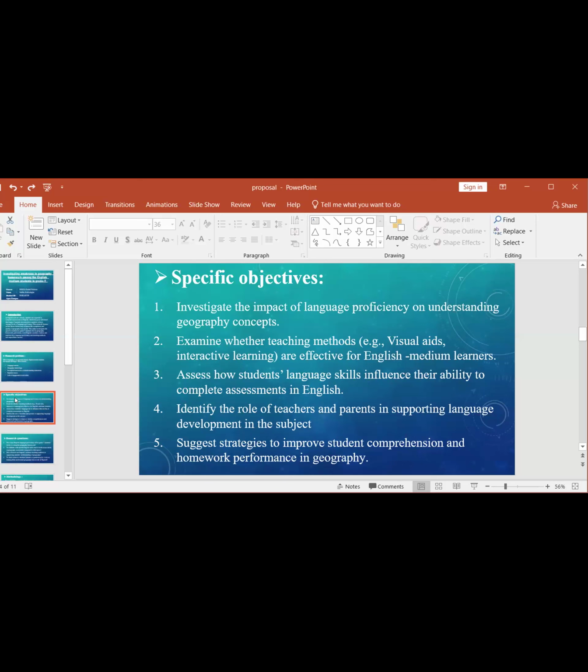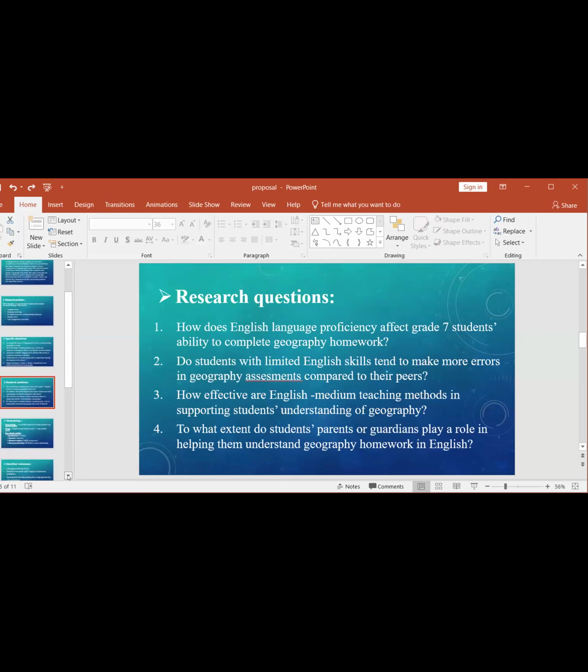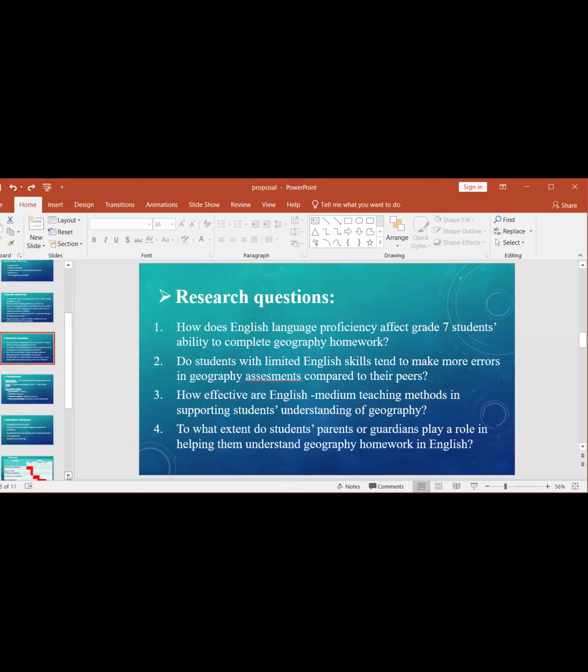Then there are several research questions. The first one is, how does English language proficiency affect grade 7 students' ability to complete homework in geography? The second one, do students with limited English skills tend to make more errors in geography assessments compared to their peers?